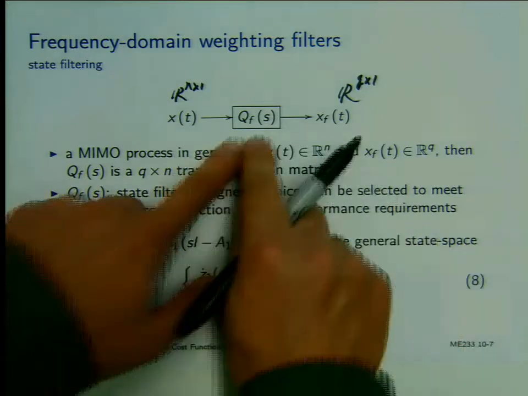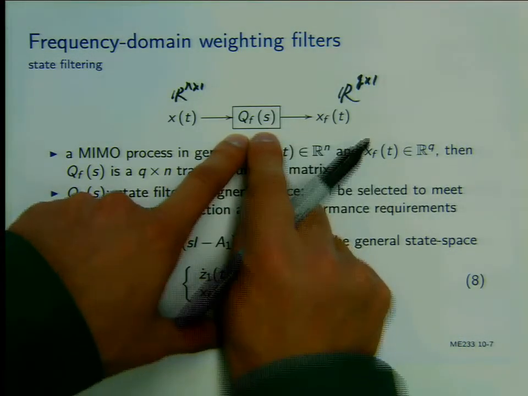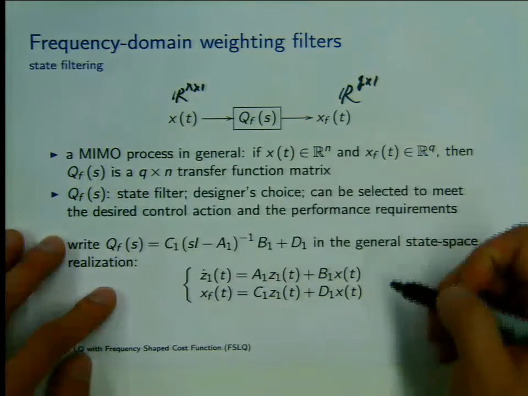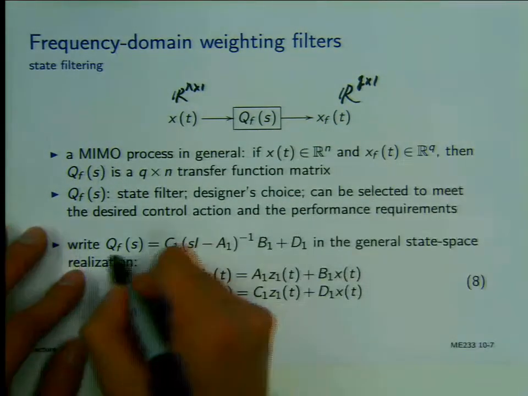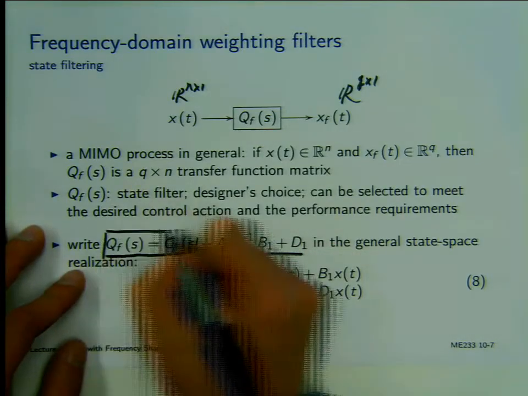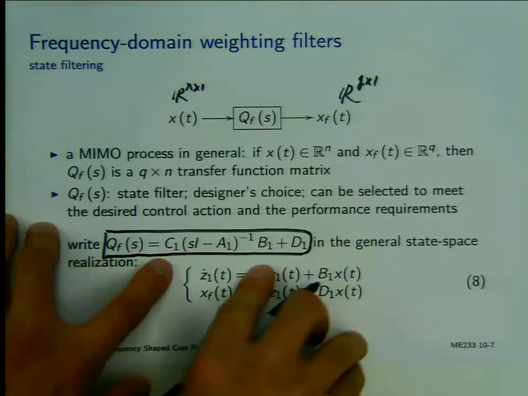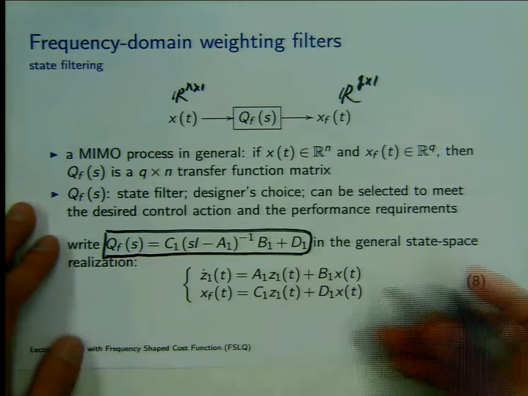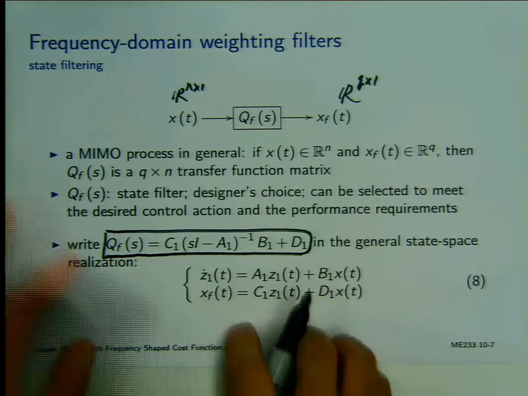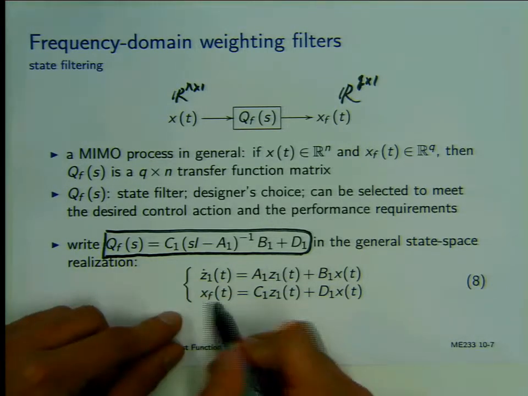So QF is usually a multiple input, multiple output system. Write the transfer function. Suppose we design QF such that it has a transfer function that looks like this. Write it in a state space form, whose state is Z1, whose output is XF.